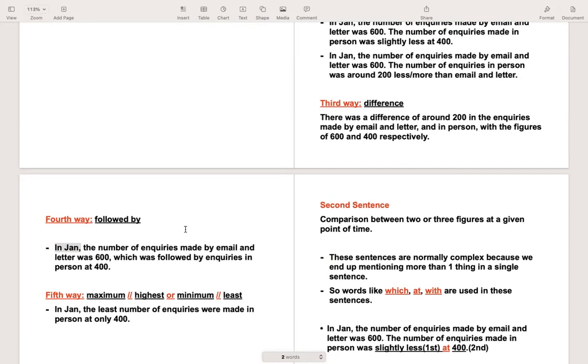That means this data is in this time and that data is in that time, because both are in January. So which was followed by means you are just informing about another data at the same time. Same time. It cannot be used for a different time frame. I'm not teaching you a different time frame yet.